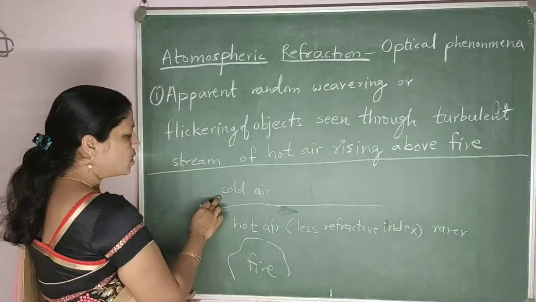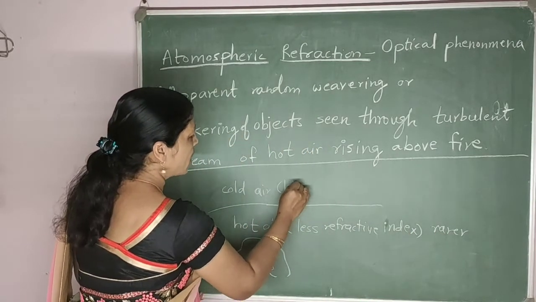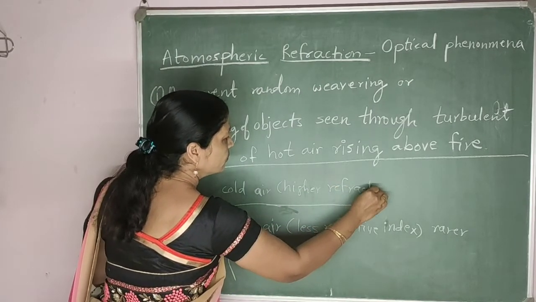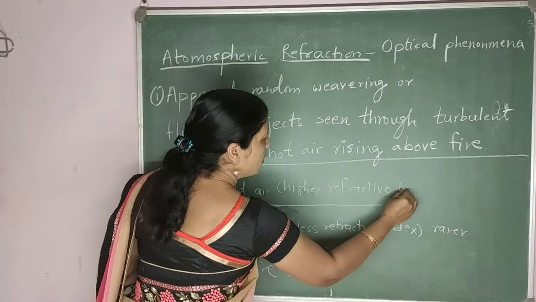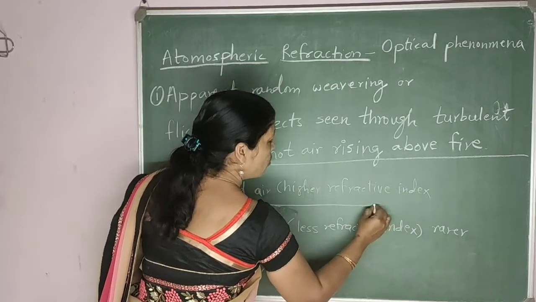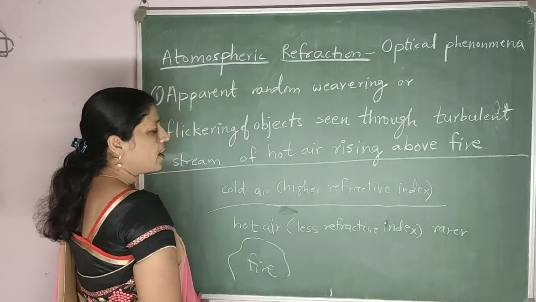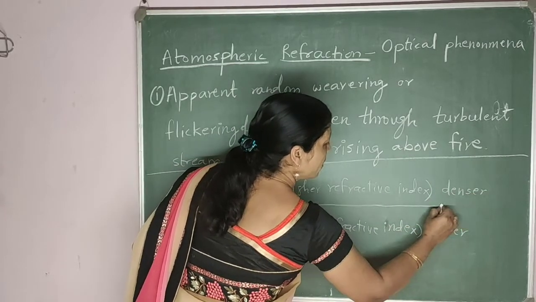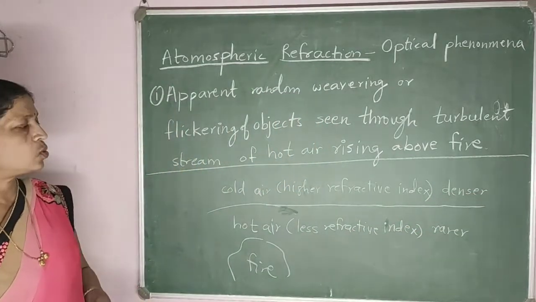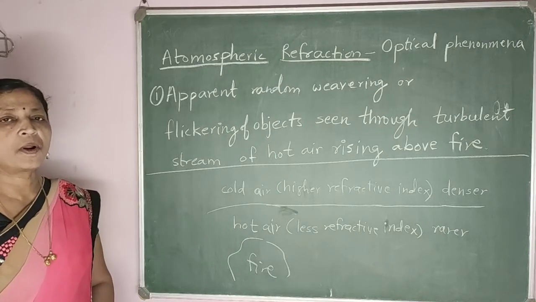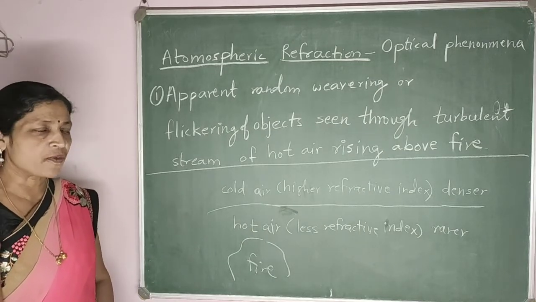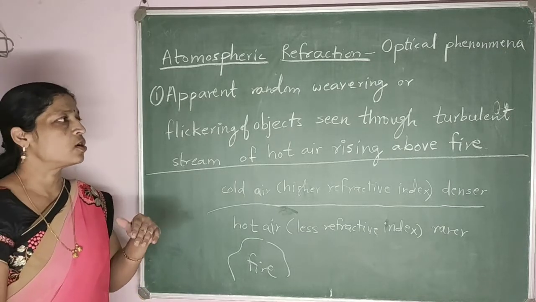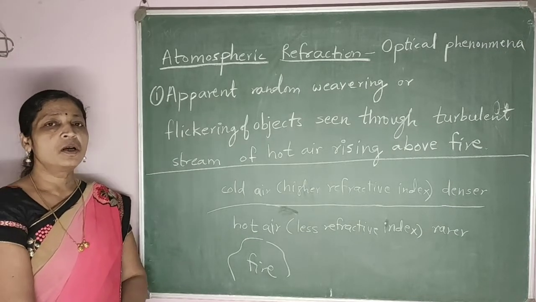And the cold air which is above has higher refractive index. That means it is colder. Colder air has higher refractive index and it is known as denser. When the light passes through these two different media, refraction of light occurs. And due to that refraction, we see an air wave-like structure above the fire.